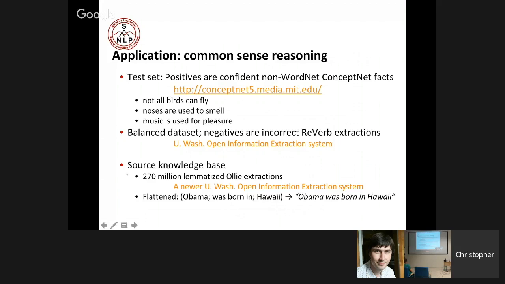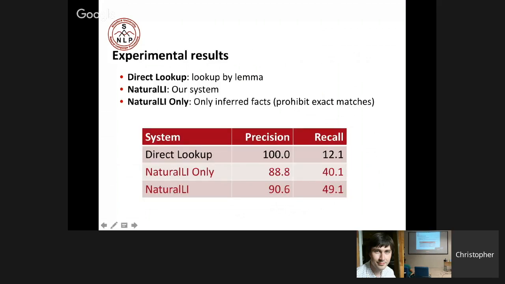And so for our source knowledge base, in this case, we start with clauses which actually come from a different University of Washington open information extraction system. So we get as our starting point these clauses like Obama was born in Hawaii. And I'll say in a minute how we have a method now for cutting up whole sentences into these shorter clauses ourselves. But here are some results from this system.